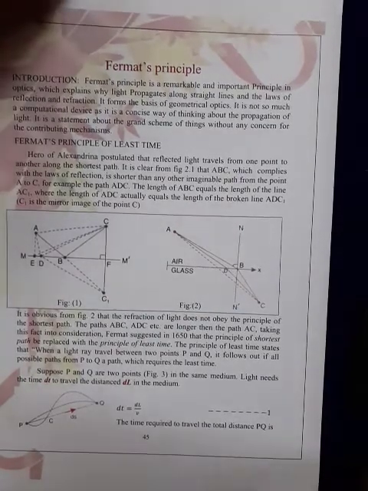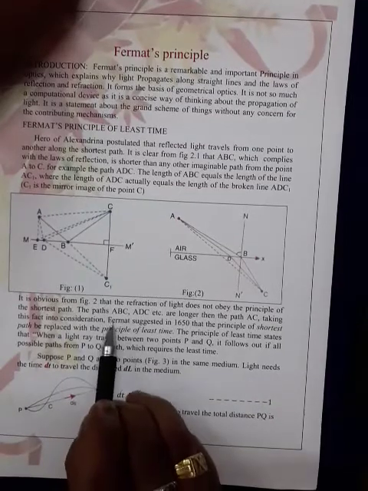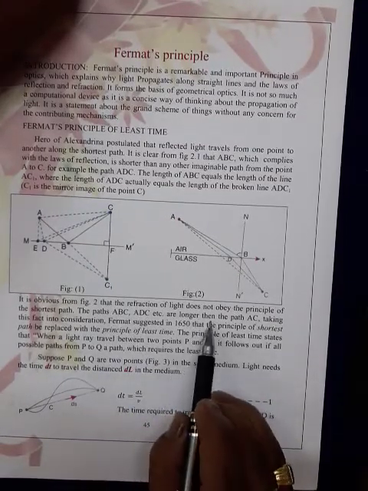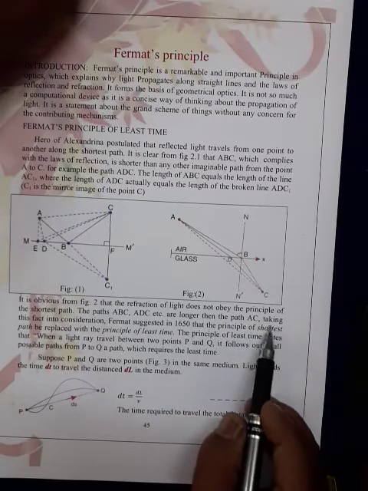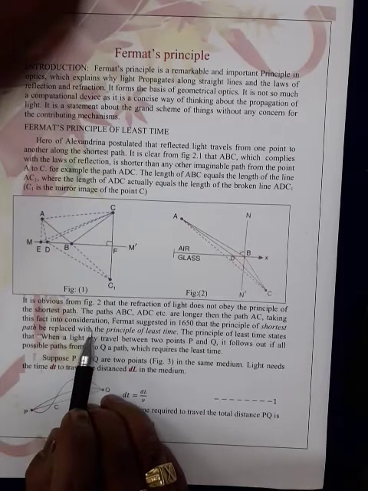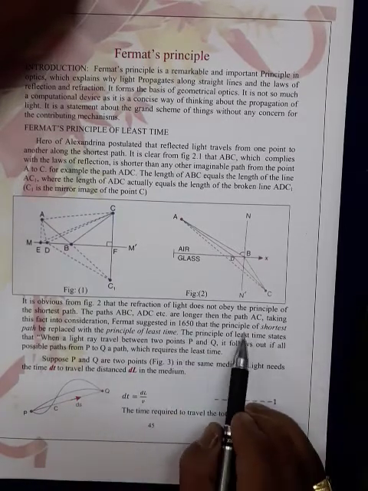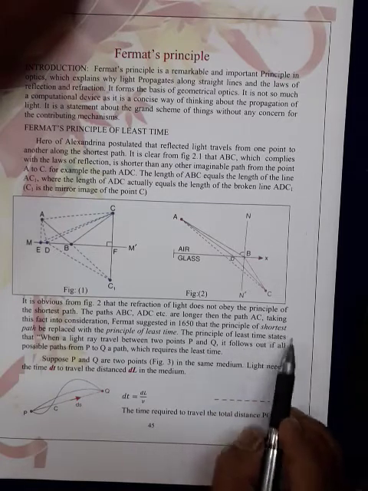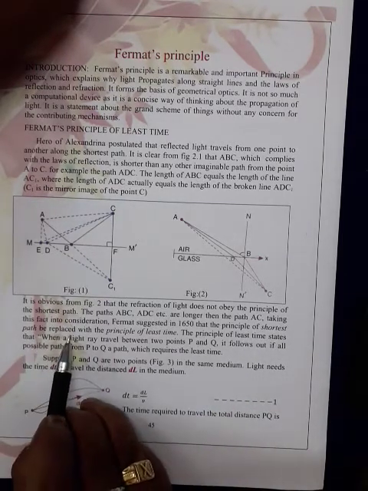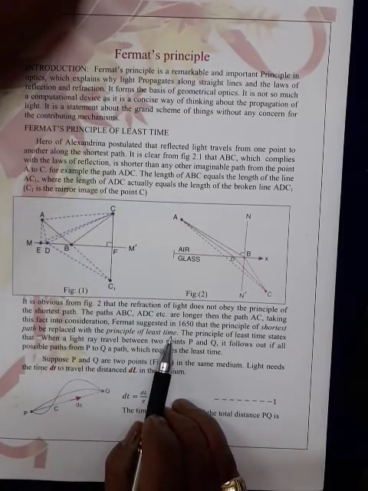So the refraction of light does not obey the principle of the shortest path. The paths ABC and ADC are longer than the path AC. Taking this fact into consideration, Fermat suggested in 1650 that the principle of shortest path be replaced with the principle of least time.